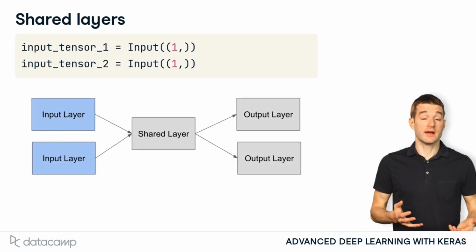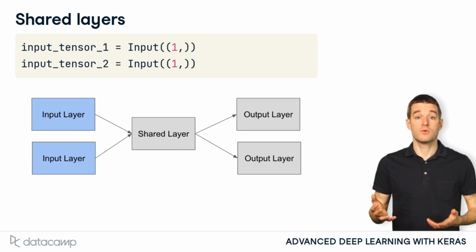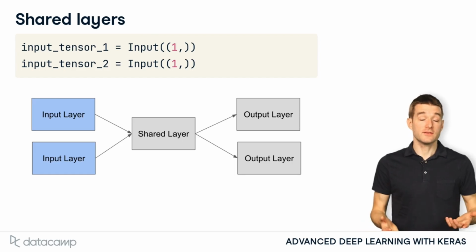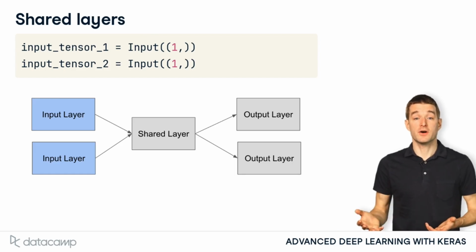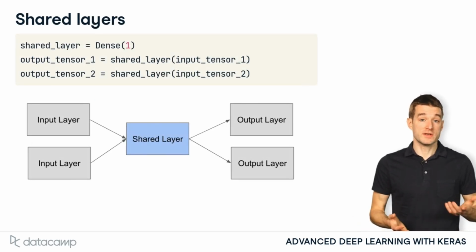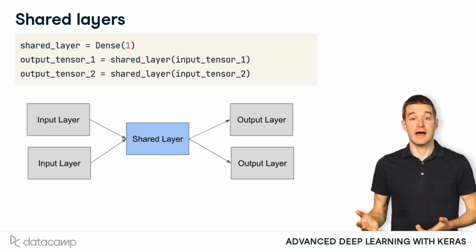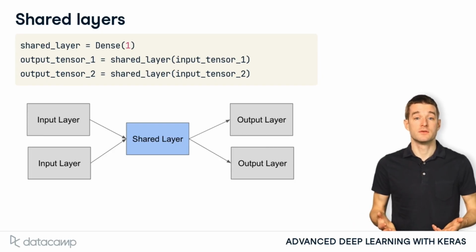To create a shared layer, you must first create 2 or more inputs, each of which will be passed to the shared layer. In this case, you will use 2 inputs. Once you have 2 inputs, the magic of the Keras functional API becomes apparent.